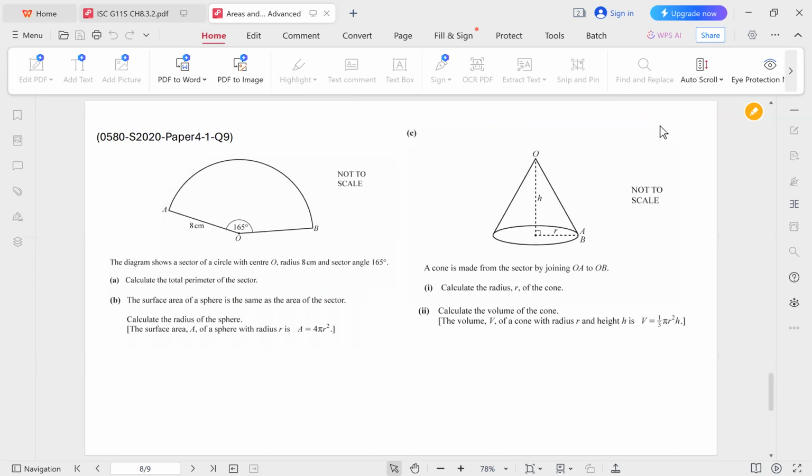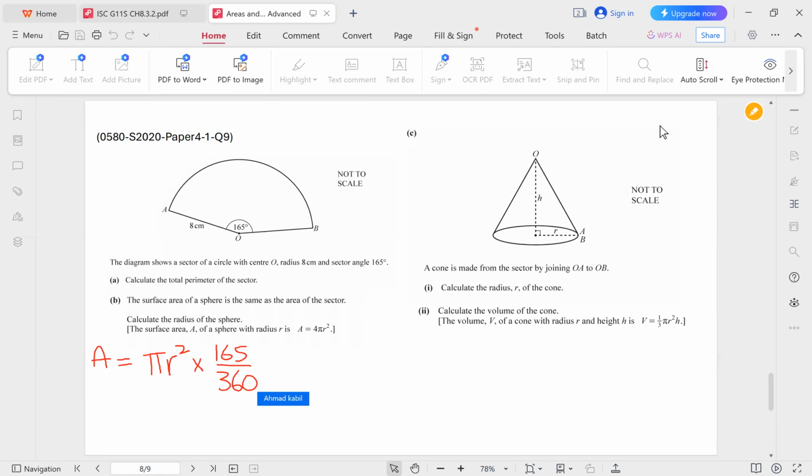The surface area of a sphere is the same as the area of the sector. Calculate the radius of the sphere. So what is the area of a sector? Again, we said that the sector is part of a circle. So the area would be the area of a circle, which is pi r squared, multiplied by the fraction of the circle represented by the sector, which would be 165 divided by 360.